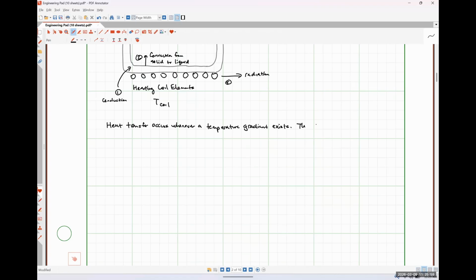The ability of a medium to transfer heat between 2 points can be quantified by its thermal resistance.